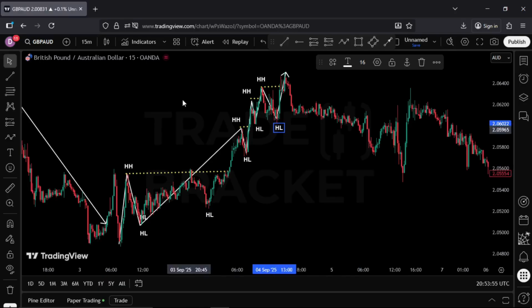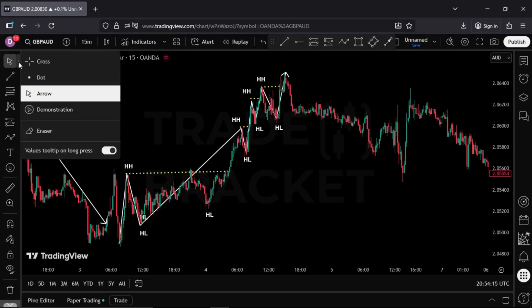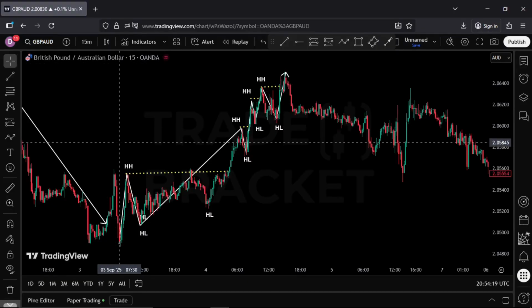So I want to explain the use of alerts, okay? So we use alerts and pending orders, okay, to our advantage, because we don't want to sit on the chart to wait for this market structure to form and to wait for this break to form, okay? So now let me show you something. So let me get this cross right here. So this pullback started all the way down here, okay?